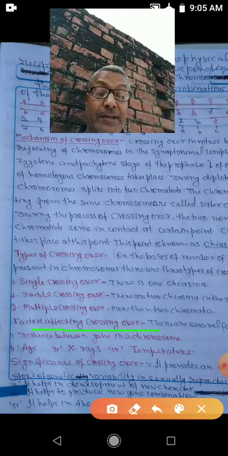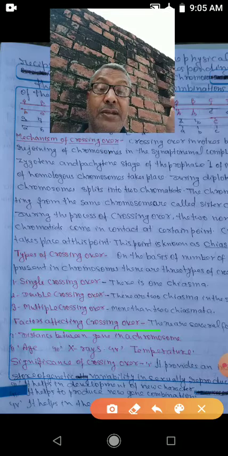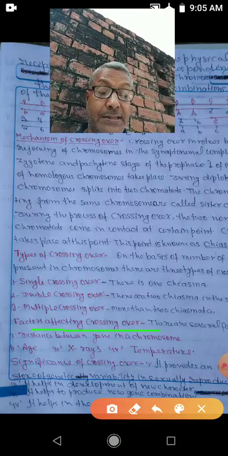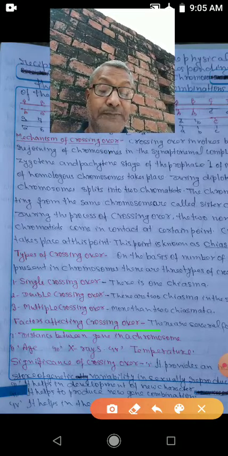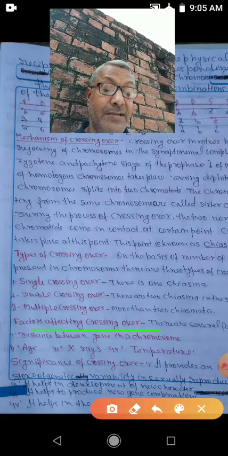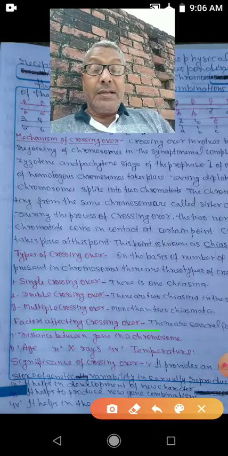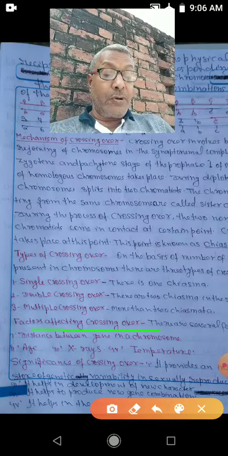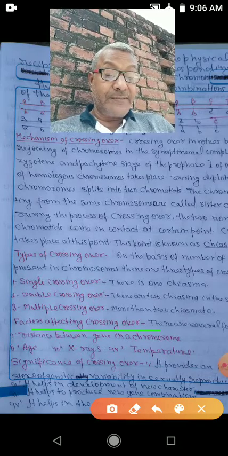Now last point, children, you have to understand the significance of crossing over. Crossing over has great significance. First point is it provides an inexhaustible store of genetic variability in sexually reproducing organisms.